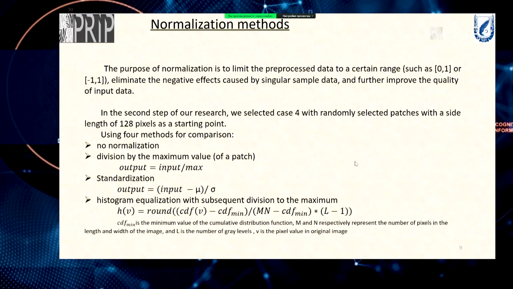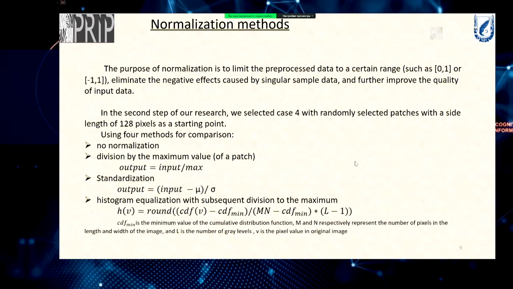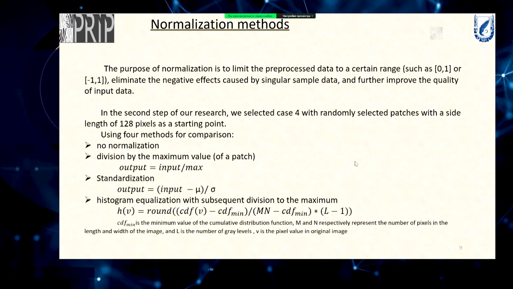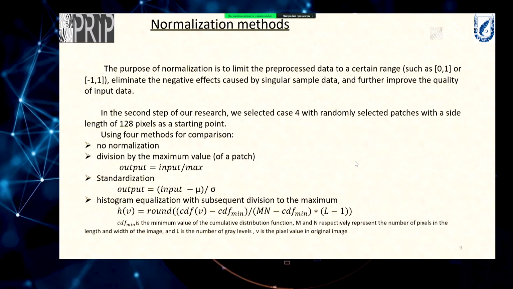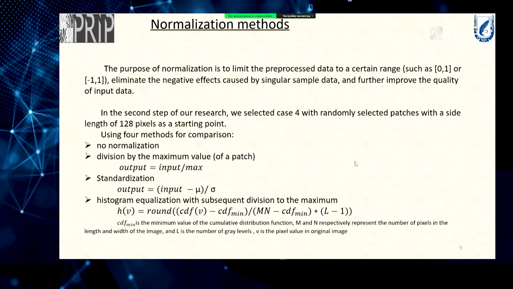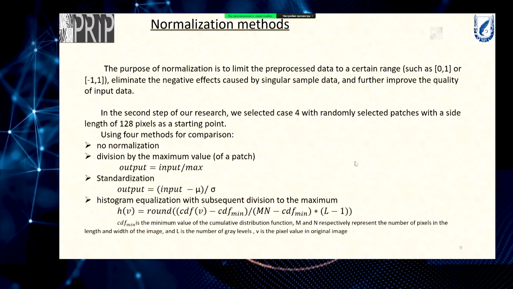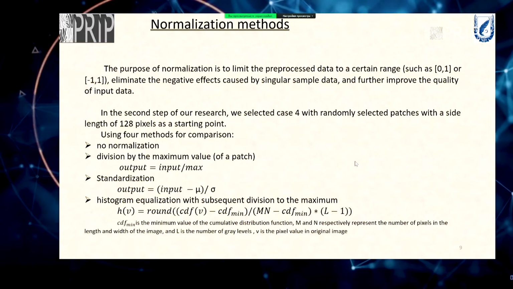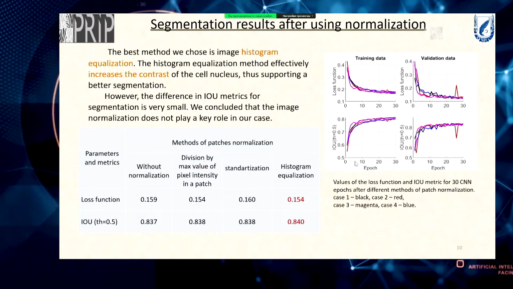Histogram equalization is to enhance the image contrast by stretching the range of pixel intensity distribution. So we chose the last one as the best one.